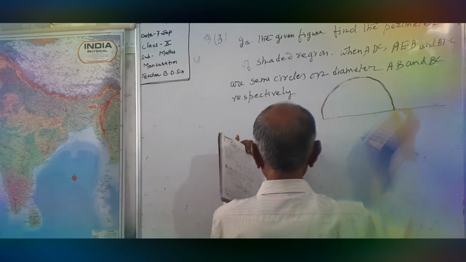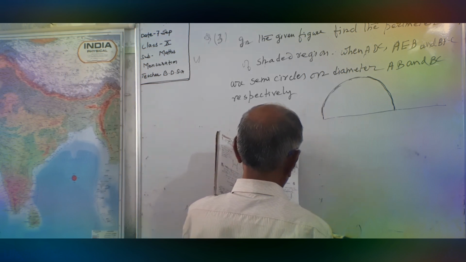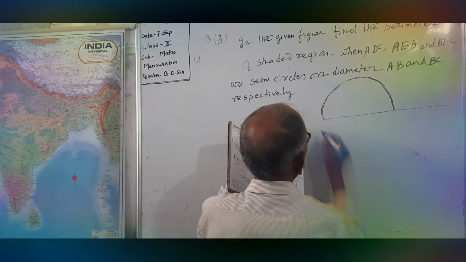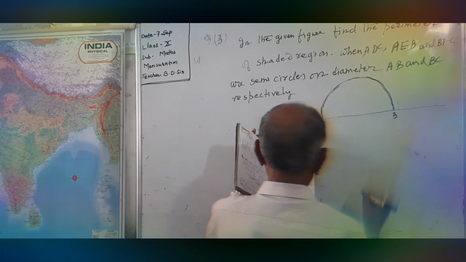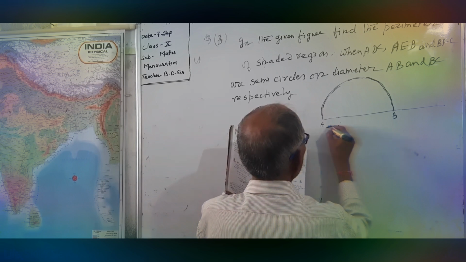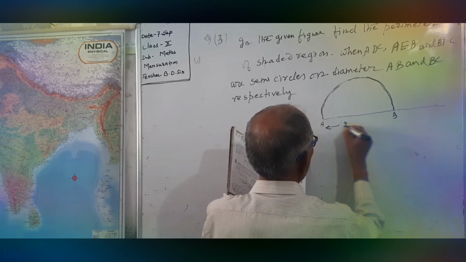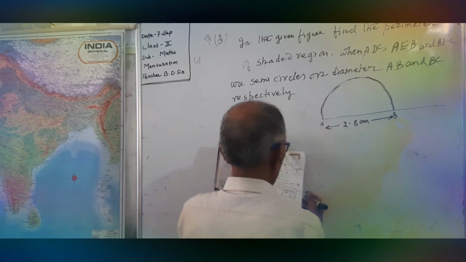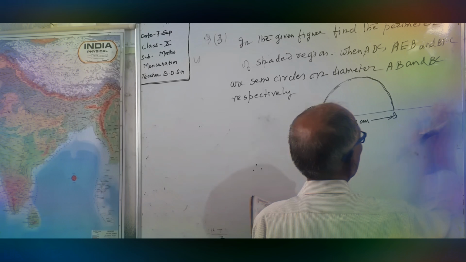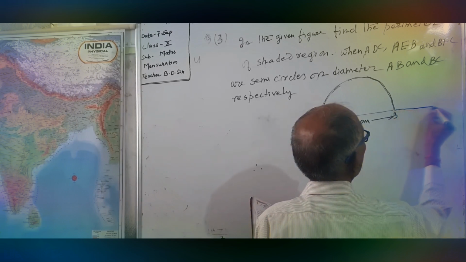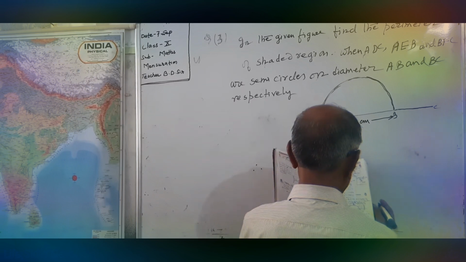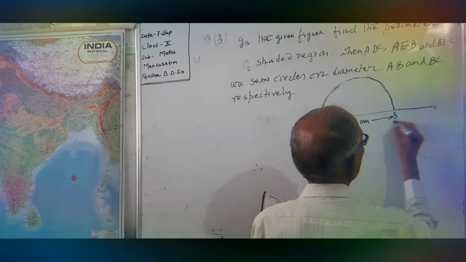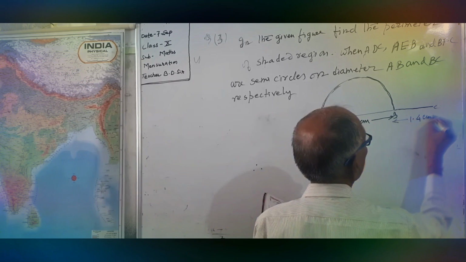This is one semicircle, and AB, and its diameter is given here, 2.8 centimeter from A to B. Second, BC, and it is 1.4 centimeter from B to C.